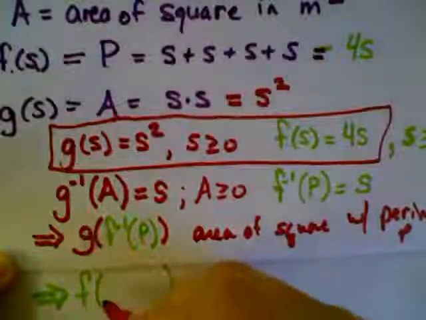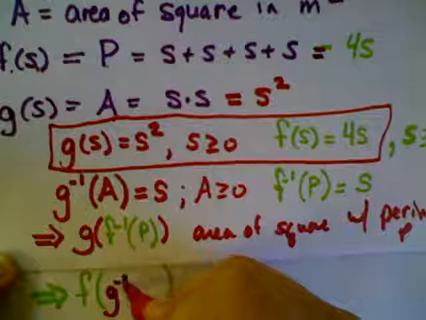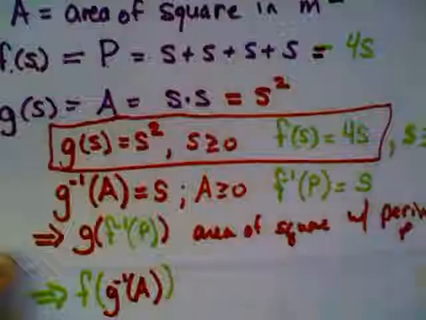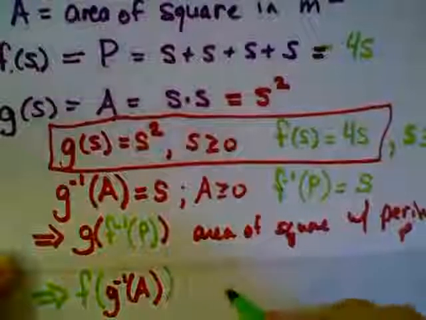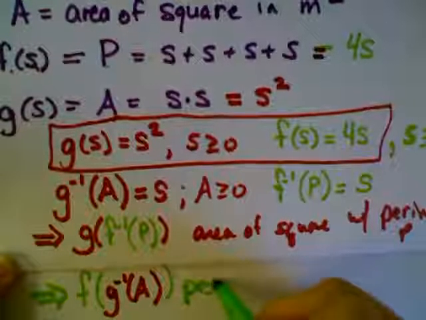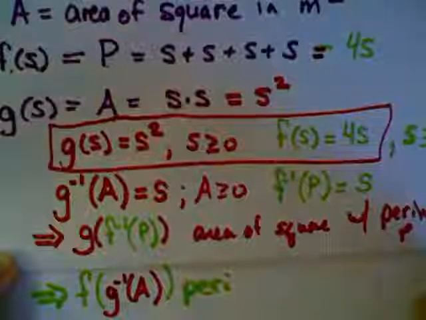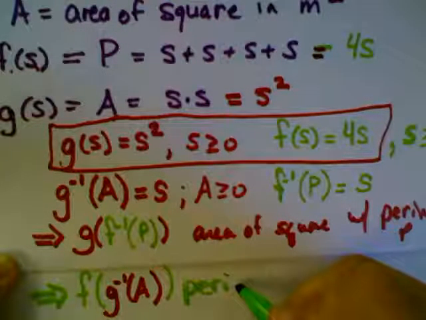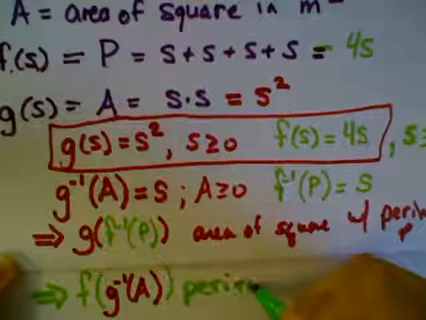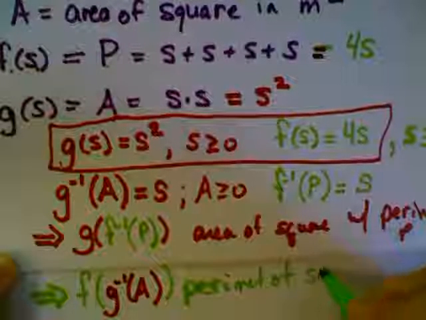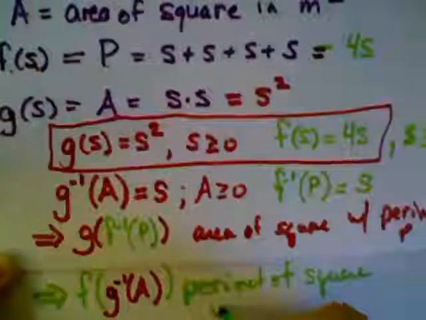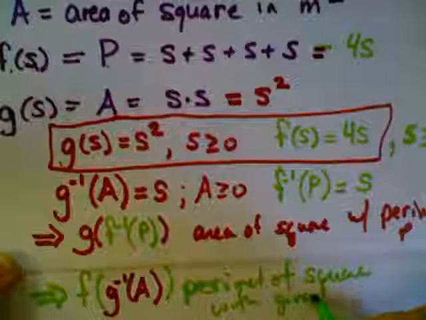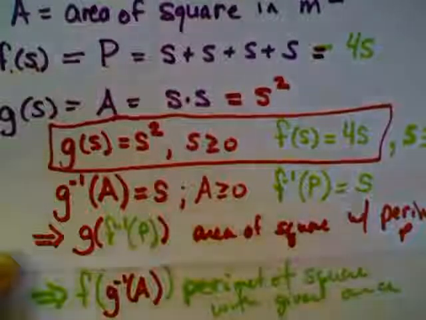So g inverse of A would give us an appropriate quantity to put back into f. And the result would end up being the perimeter of a square with a given area.